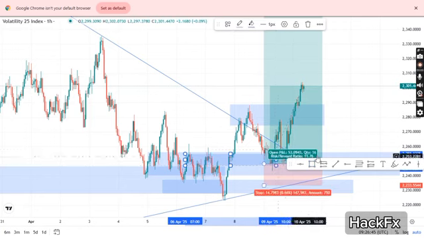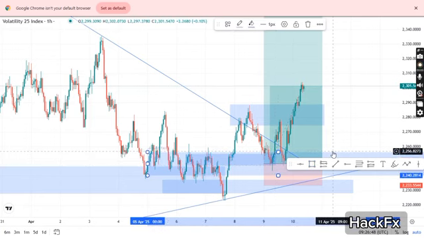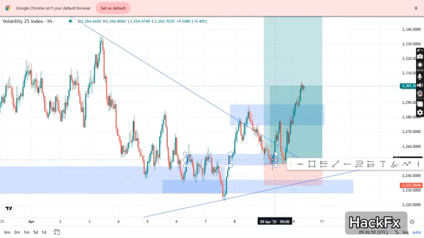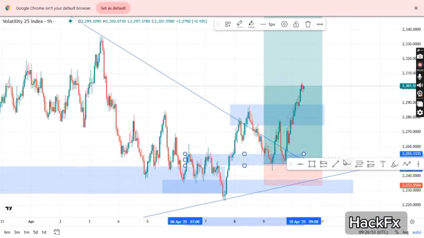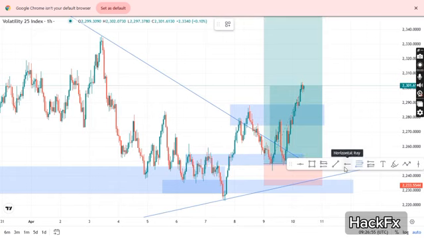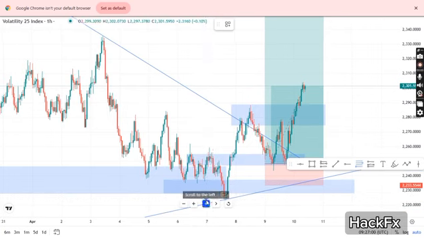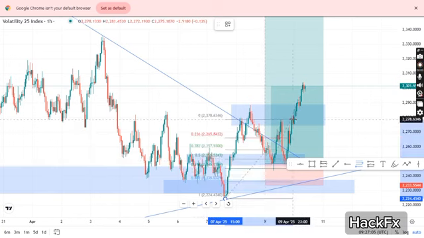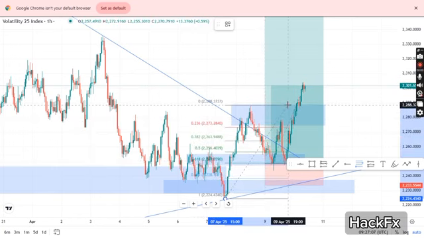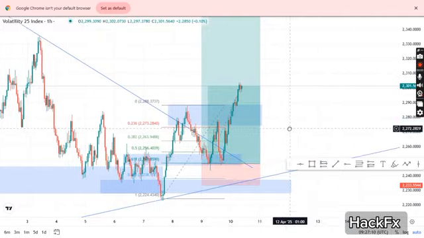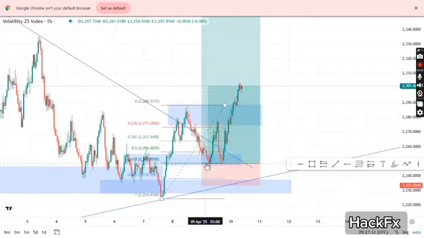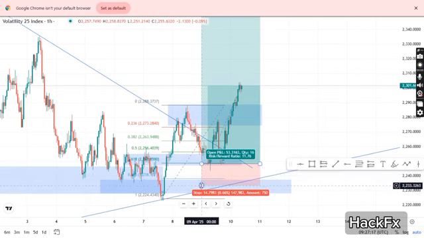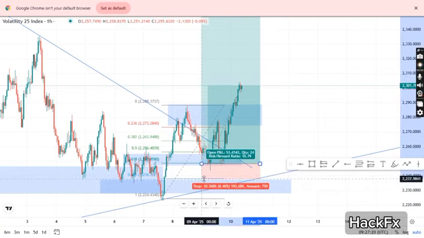Number two, we use Fibonacci again. Remember, for bullish trend we place 100 down and 0 up. We look at it as 1.8. 1.8 is here. You see, it has touched 1.8, and your stop loss will be below the zone.